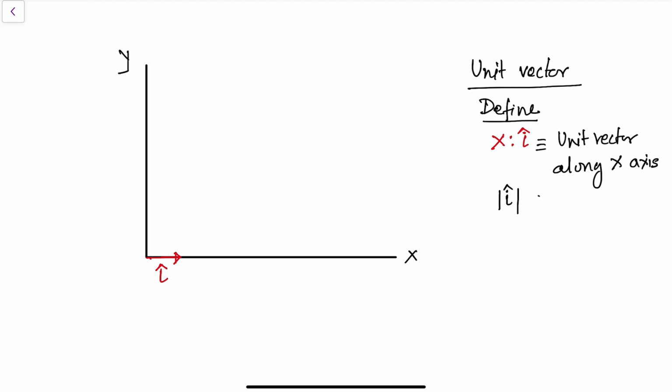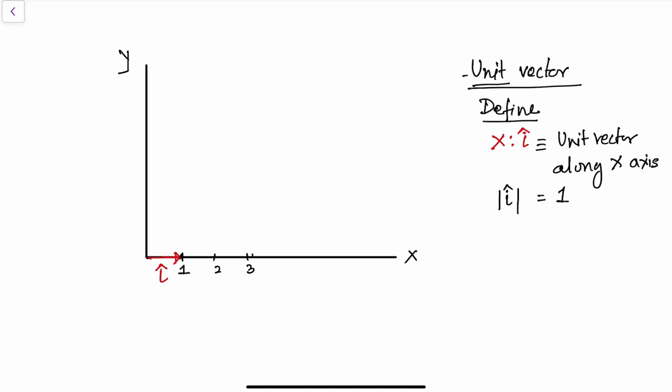How much is this from here to here? It's a unit vector, so the magnitude is 1. Whatever is 1 here on the x-axis, then here will be 2, here will be 3, so on and so forth. Is that clear?